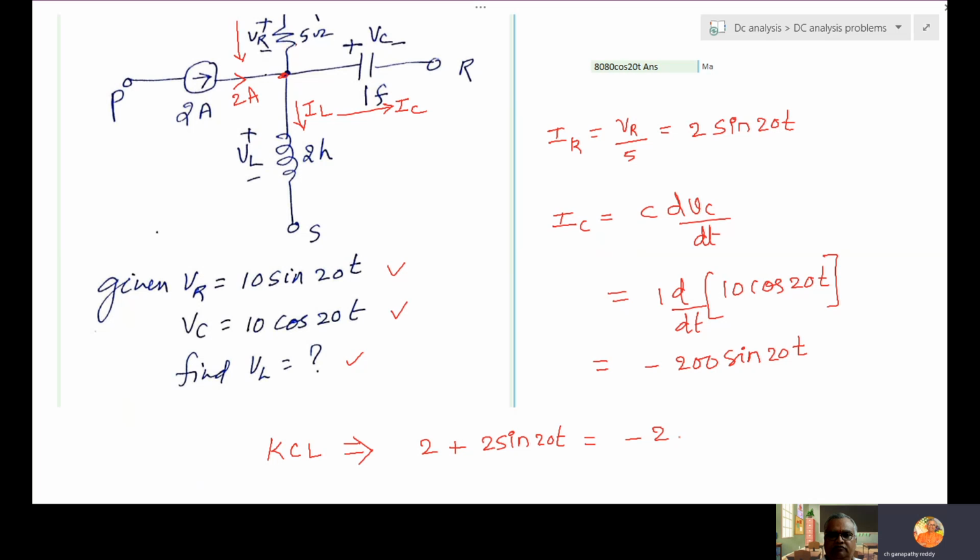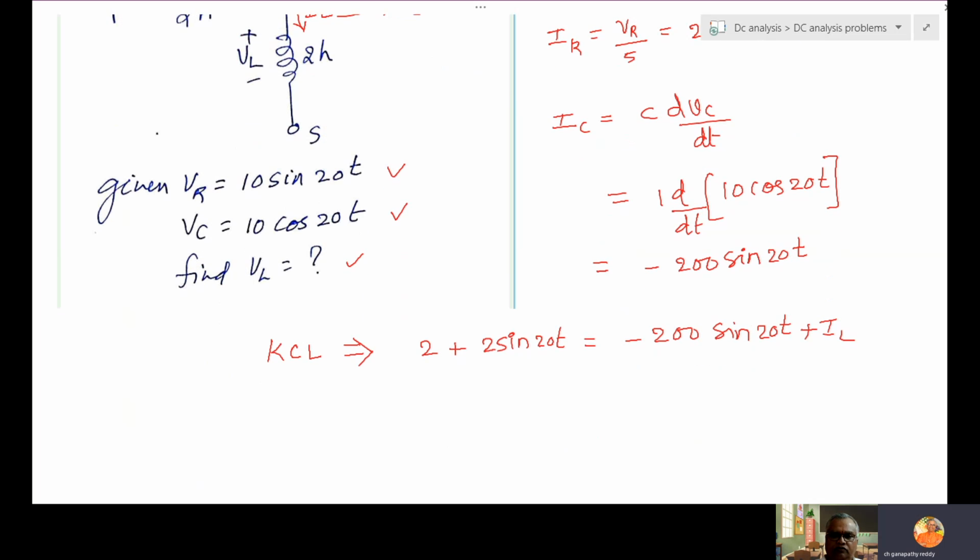What is IC? Minus 200 sin 20t plus IL. So solve for IL. That is 202 sin 20t plus 2.